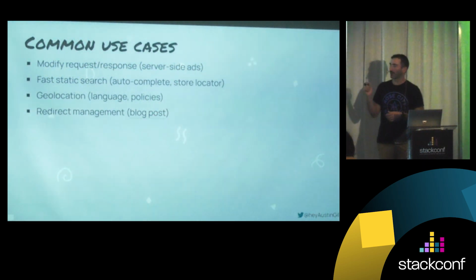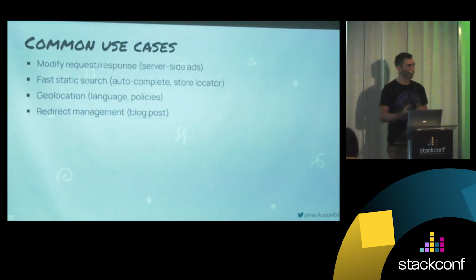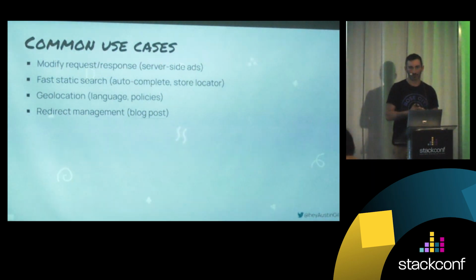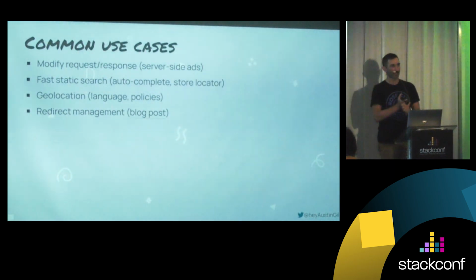I also wrote a blog post on something that we discovered around redirect management. If you consider a traditional server like Nginx or Apache, if you have a couple of redirects to create, you can write those into the server's logic.